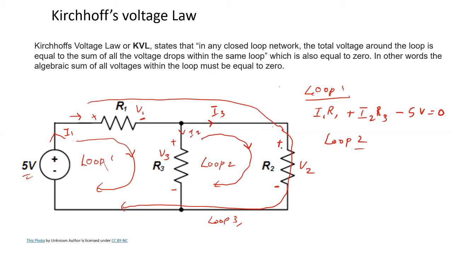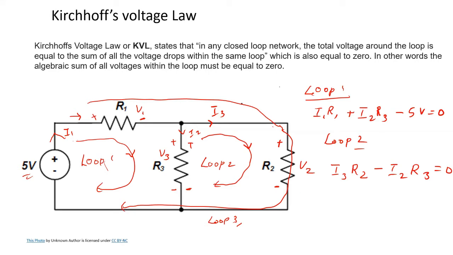So I will write I3 into R2. Here the first we encounter is a negative sign, and here we have a plus sign. So we say minus I2 into R3 is 0. So this is the loop 2 equation.